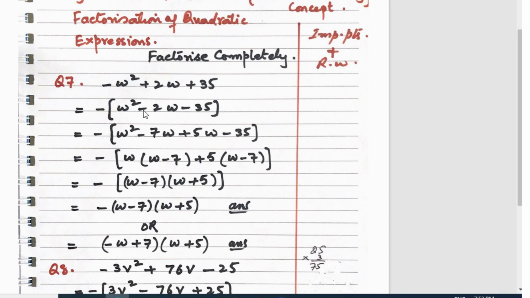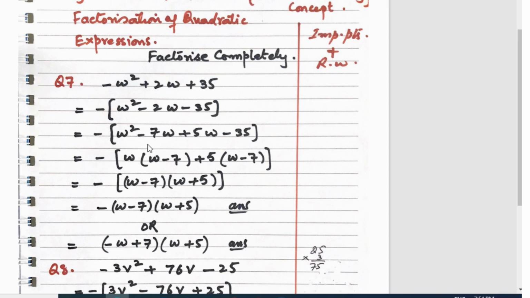Right? So this check is very important. Now look up, if you check minus 7w plus 5w and you add these two, you will definitely get minus 2w back. So getting back minus 2w is very important, and this checking is very important. Until and unless you do this checking, don't go further. This is my advice.